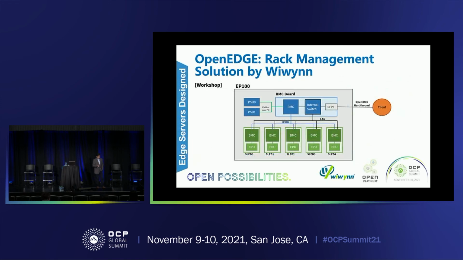So the workshop here would talk about the rack management, would show you the rack management solution. Basically you have multiple sleds, and then at the chassis level, you have the chassis assets, the fan and the power supplies, and you have to manage all these assets, the chassis assets and also the sled assets, which the BMC is managing for the sled.